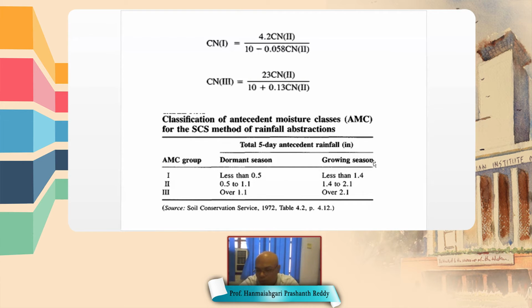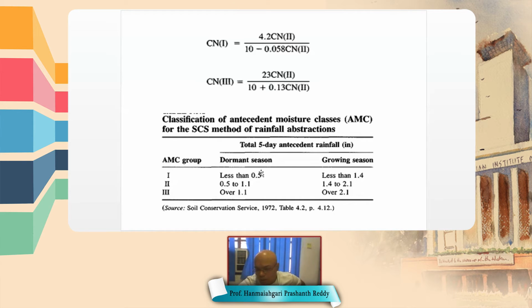So growing season means the season where the crop grows very rapidly. Mainly we can say that January to April is considered as a growing season. Because after the growing season, there is a pre-harvest period that is called dormant season.